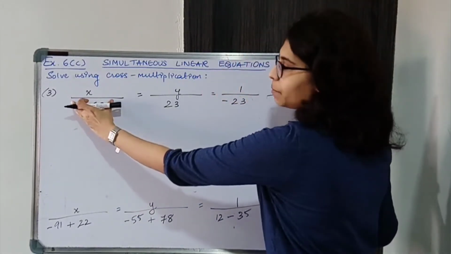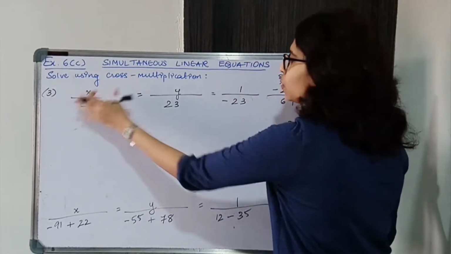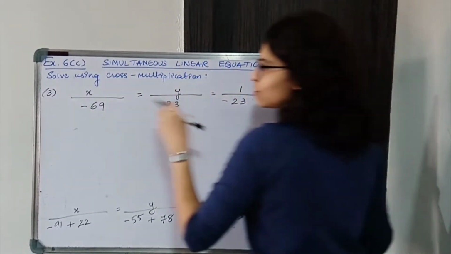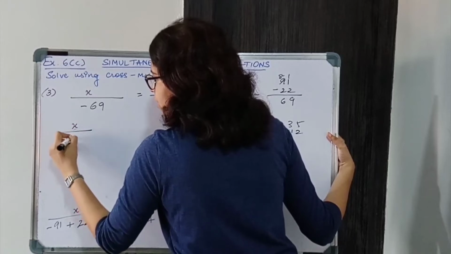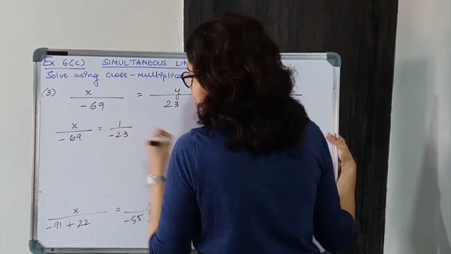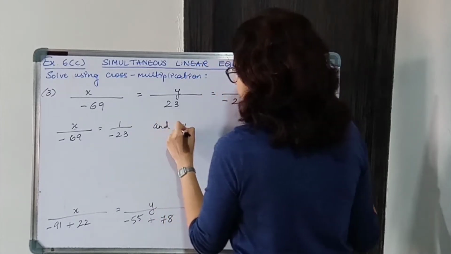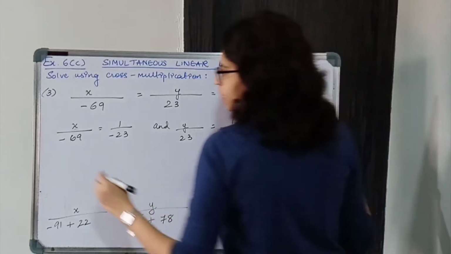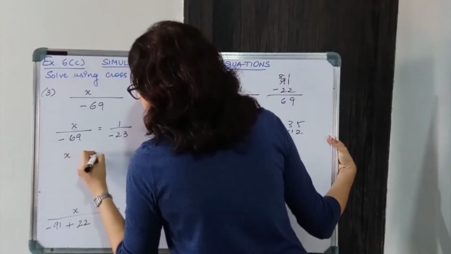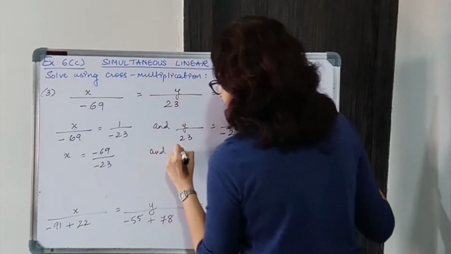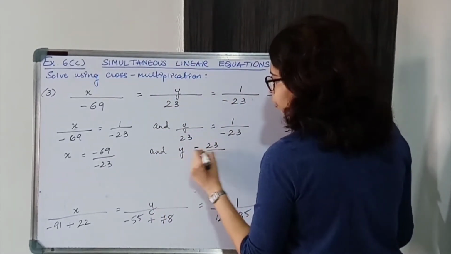Now fourth step, what you will do, we have solved, now equate. So x equal to constant term, y equal to constant term. So x upon minus 69 is equal to 1 upon minus 23 and y upon 23 is equal to 1 upon minus 23. So x is equal to minus 69 upon minus 23, y is equal to 23 upon minus 23.